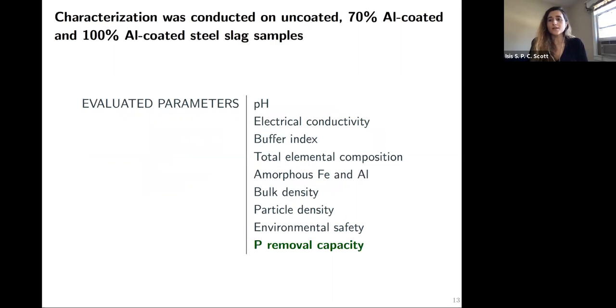We conducted the characterization on uncoated, 70% coated, and 100% coated steel slag samples. And in this table here, I'm listing all the parameters that we evaluated. I won't go into details about the methodology that we used, but I would like to talk to you a little bit more about how we estimated the phosphorus removal capacity of these materials.